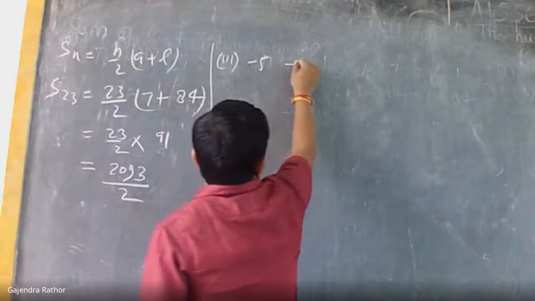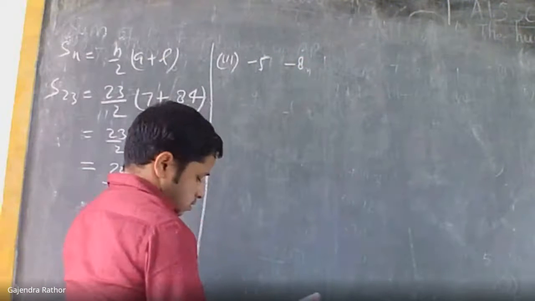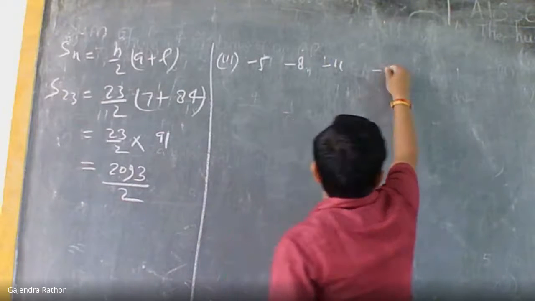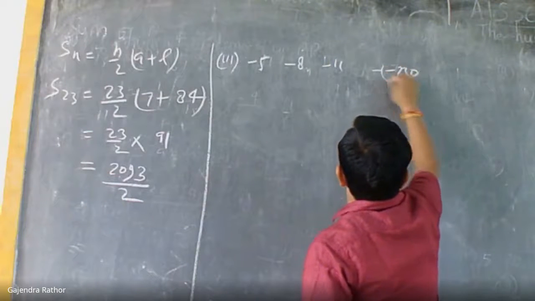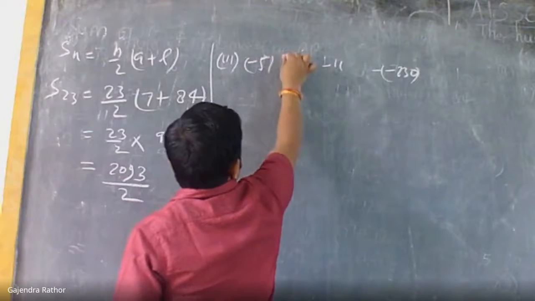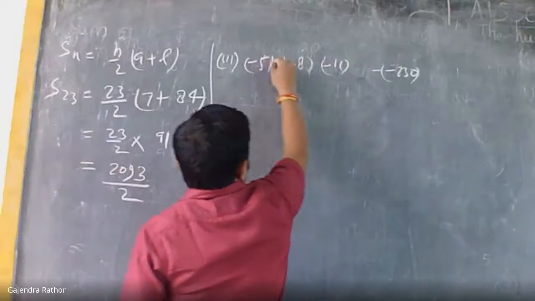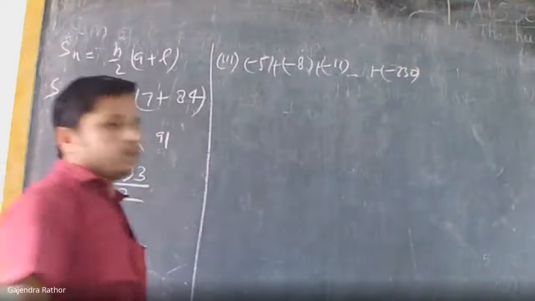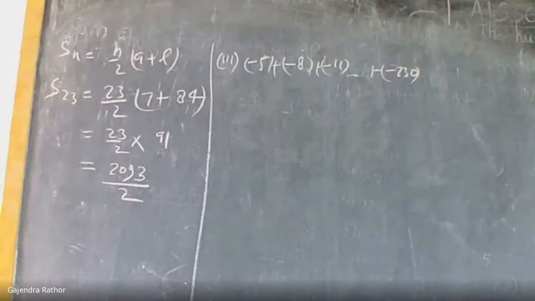Minus 5, minus 8, minus 11, minus 230. That is plus. Okay, so all of you calculate the Sn for this question, for this point. Point number 3.